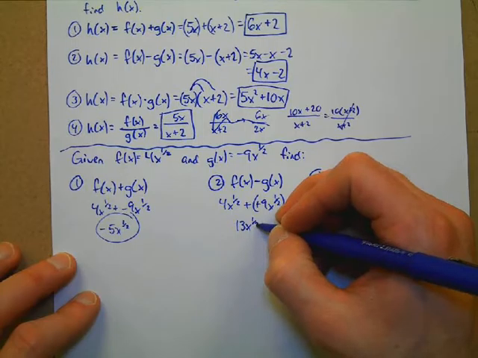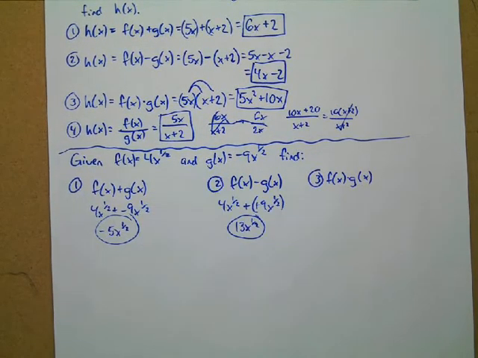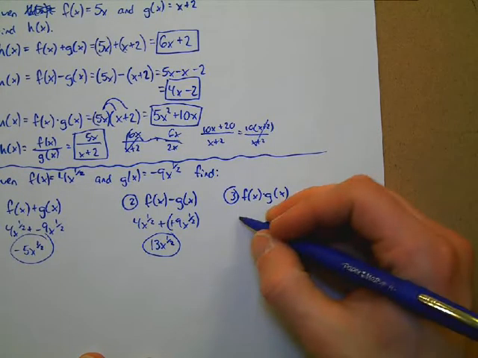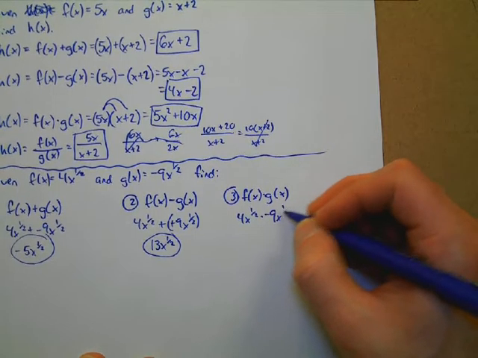Now how about number 3? Carlos, were you able to come up with anything for number 3? We multiply, so we can substitute in, right? It's 4x to the 1/2 times negative 9x to the 1/2.